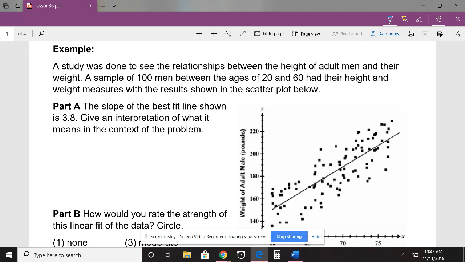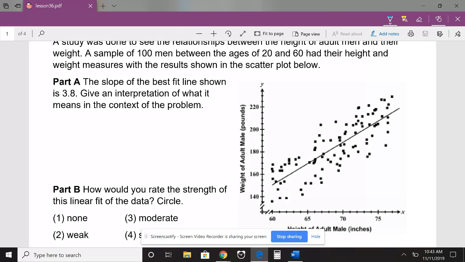So what's increasing 3.8? Remember, slope is rise over run. So that means it's going up 3.8 over 1.